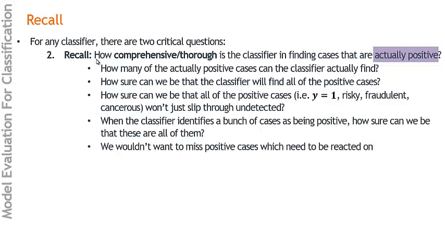How many of the fish are you actually pulling in? So how many of the actual positive cases can the classifier find? How sure can we be the classifier has found all the positive cases? How sure can we be that there aren't some undetected cases? These are all different ways of phrasing the same concern.